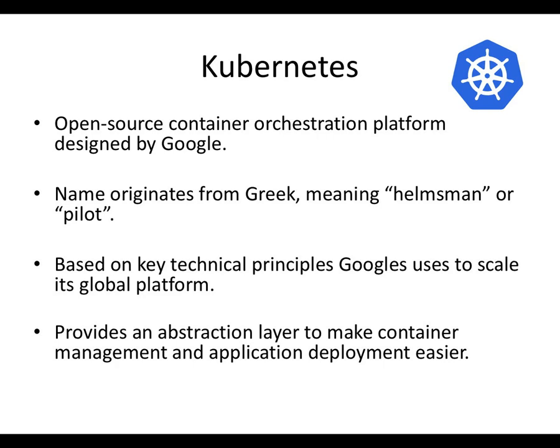You're the conductor, you're the pilot, you're the helmsman that's sort of guiding the life cycle of all the containers within a highly distributed pool or cluster of servers. Kubernetes then is this software layer, this abstraction layer that we use to manage the containers that are running within a clustered environment.